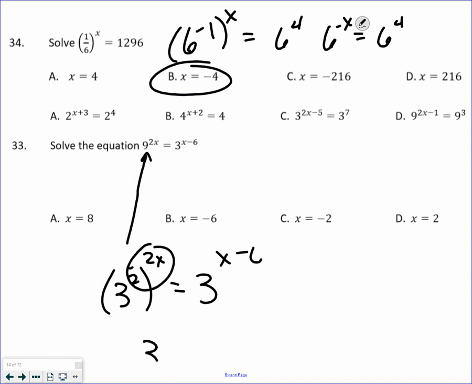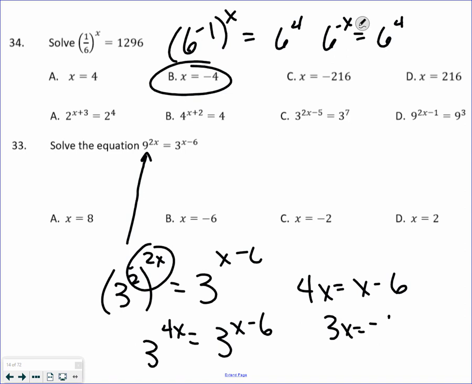I multiply those two powers together. And if the bases are equal, the exponents are equal, and then I solve the algebra question. I get x to be -2. Again, not sure what happened with this right here. So if your review guide is off slightly there, I'm not sure. It looks like cutting and pasting, we might have made a small mistake there.